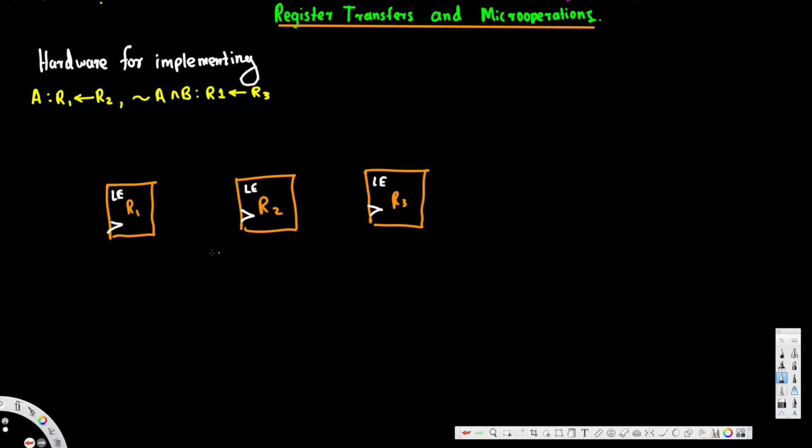Okay, now this is a 4-bit adder, so we put 4, and this one.